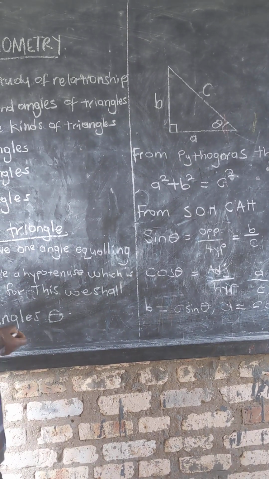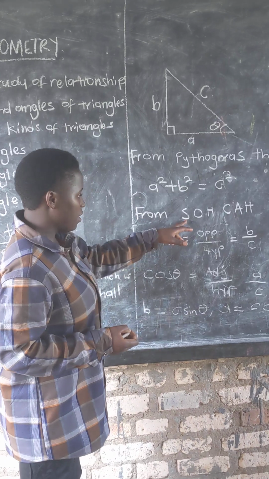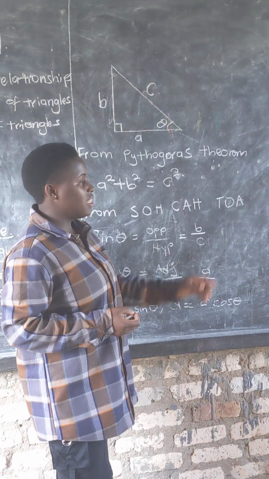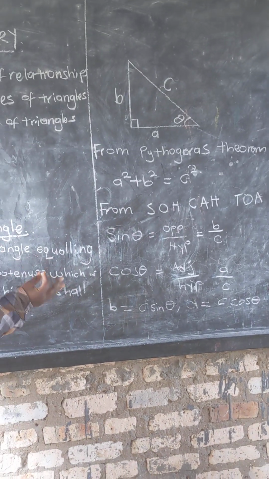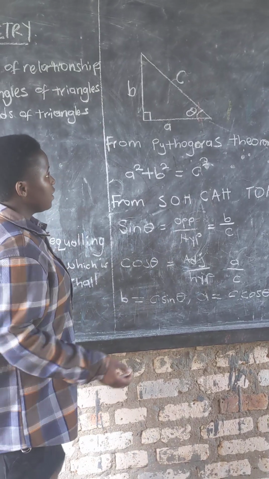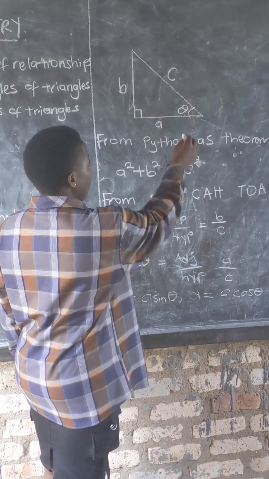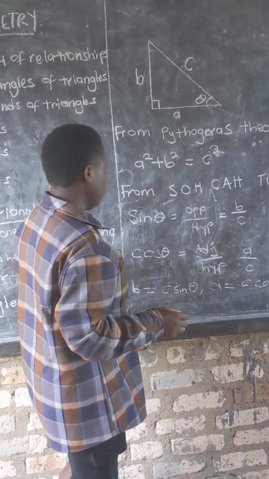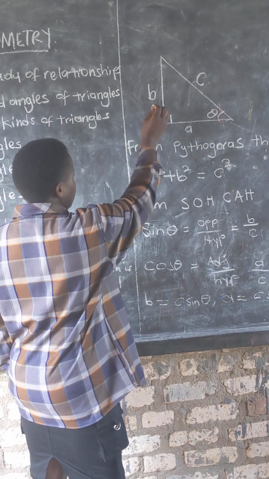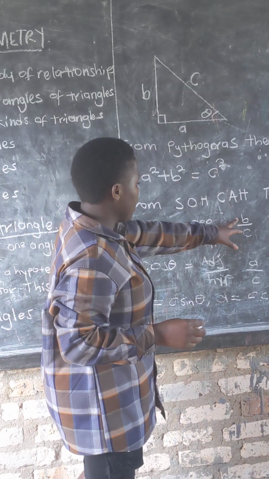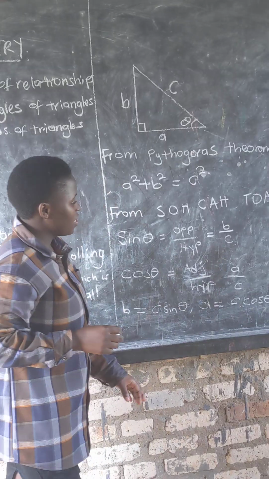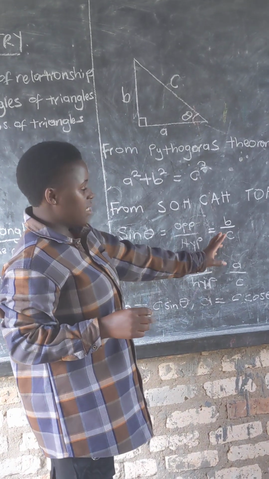S stands for sine, C for cos, and T for tan. Sine is the opposite over the hypotenuse. From our angle theta, sine theta is the opposite, b, over the hypotenuse, c, so we get b over c.